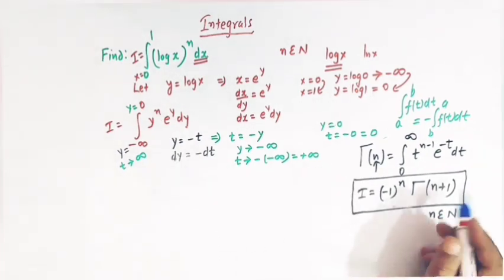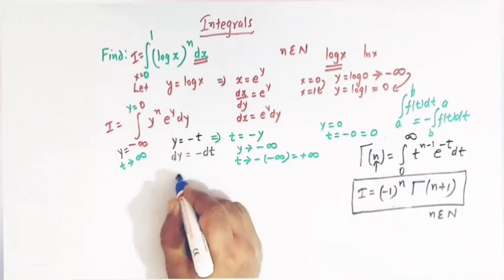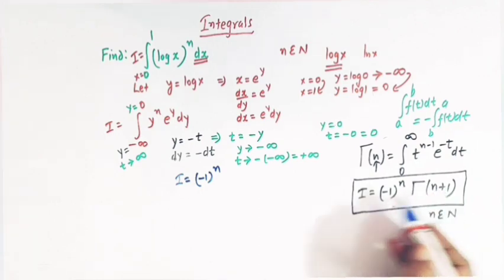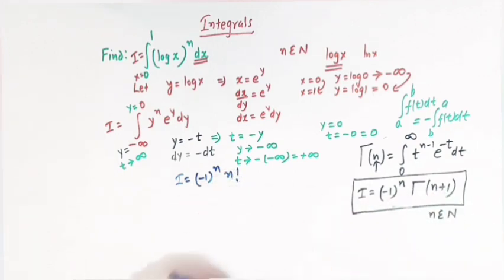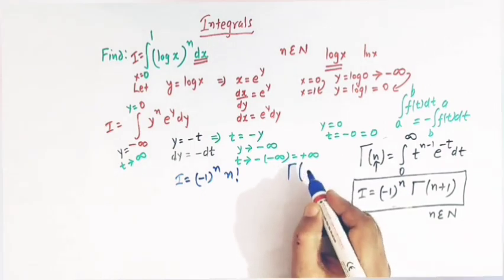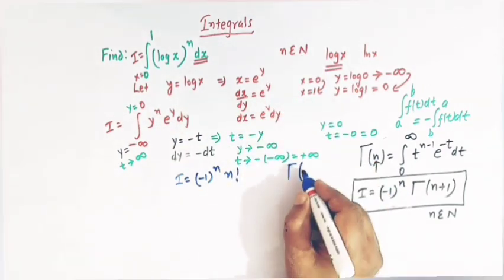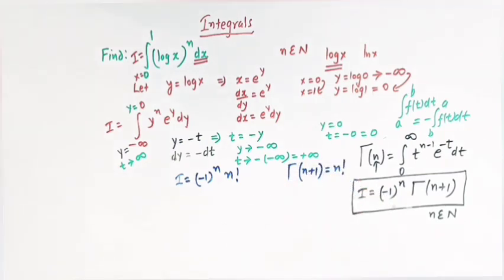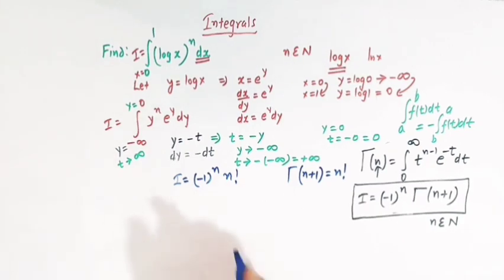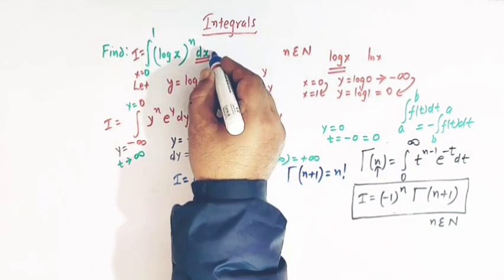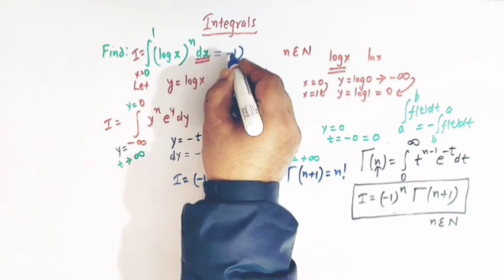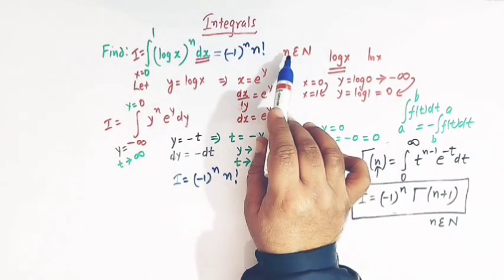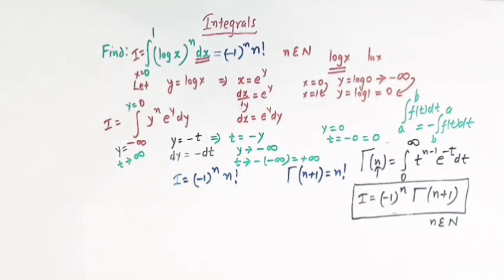We can also express this result as I is equal to minus 1 raised to n, and gamma of n plus 1 can be written as n factorial, because when n is a natural number, gamma of n plus 1 is equal to n factorial. So the value of this integral is minus 1 raised to n factorial n, where n belongs to the set of natural numbers.